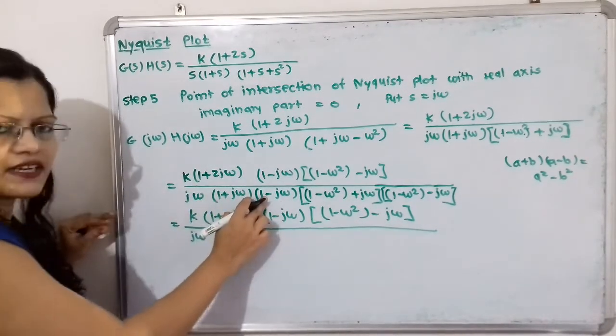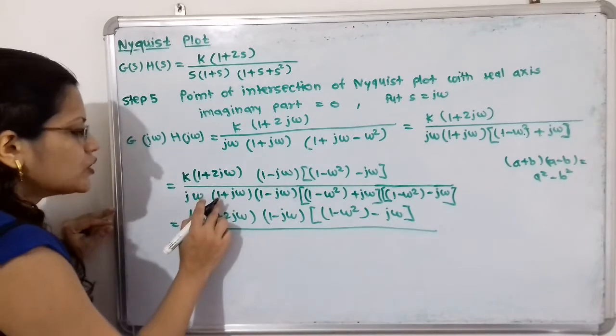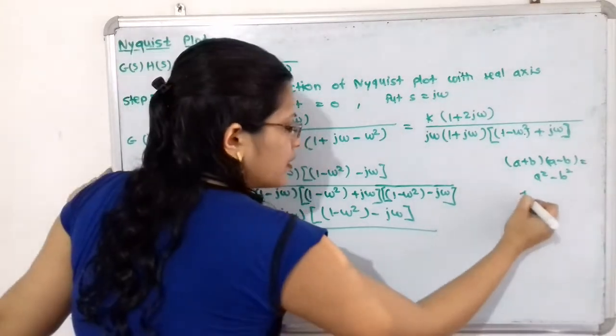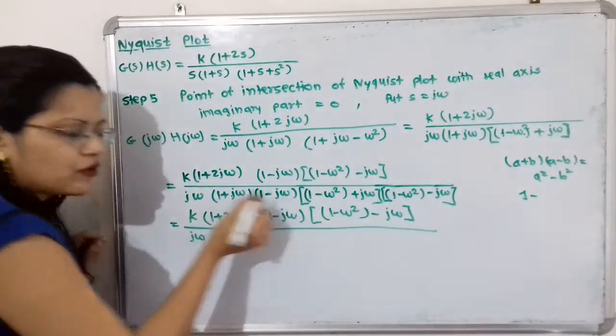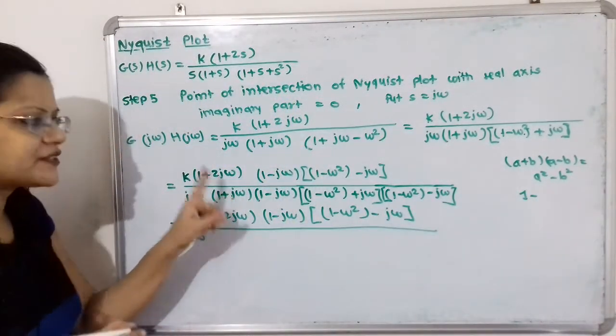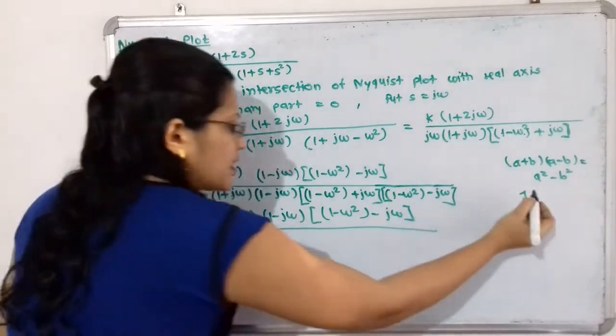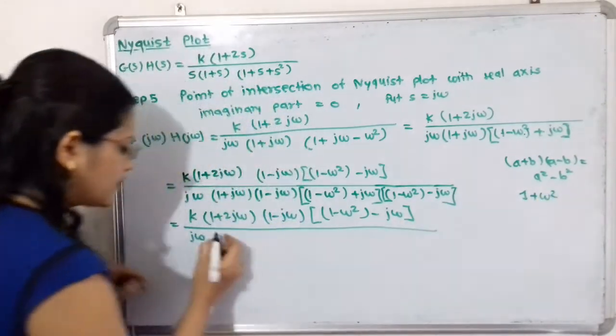So a is real number, b is imaginary number. So a square, that means 1 minus, so I will write here 1 minus j square omega square. So j square is nothing but minus 1, so this minus 1 and this minus sign will become plus. So 1 plus omega square I will write here.